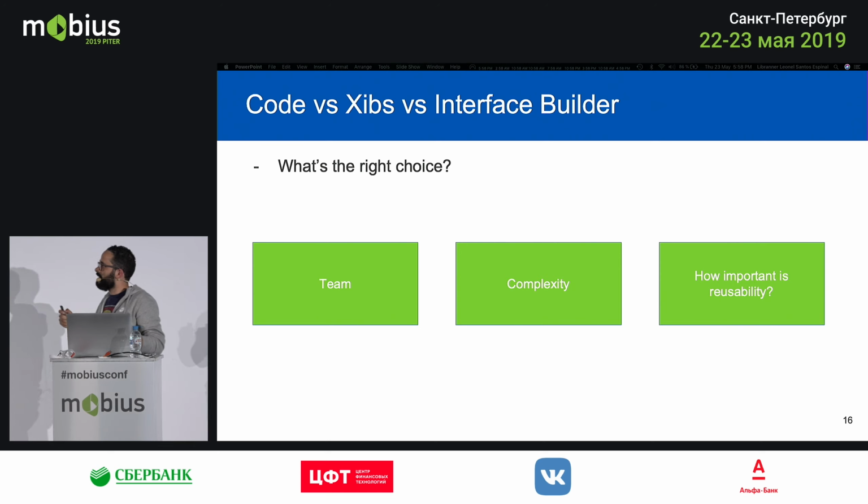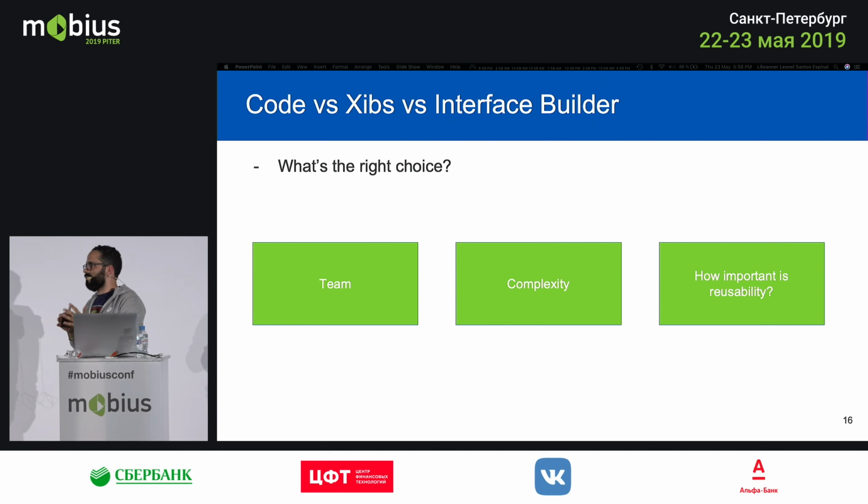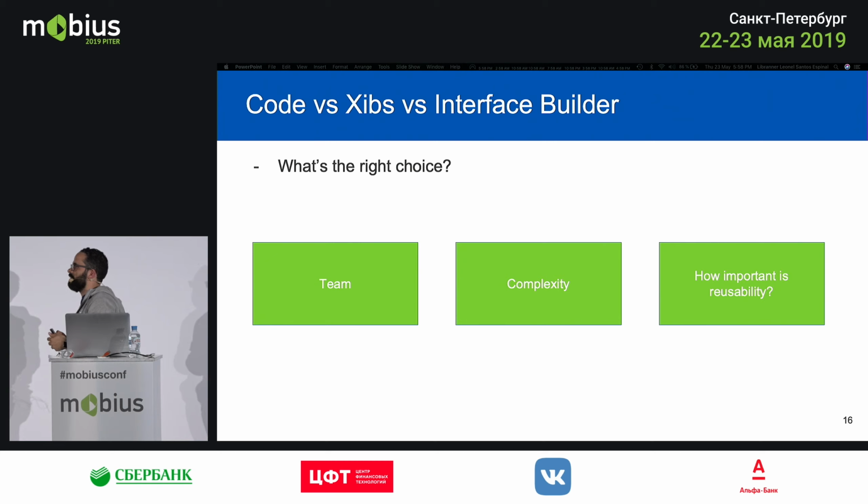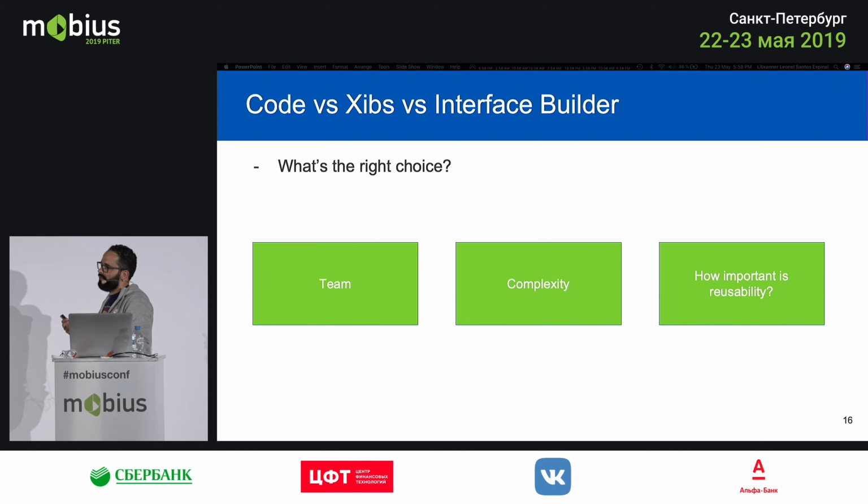Xib files are really cool when you want reusability. For example, you want a really custom loading page that you want to use everywhere in your app. Maybe xib files are good for that. But I think most of the time, the experience of your team will give you the answer. Because, for example, most people use code because you can reuse a lot of things.